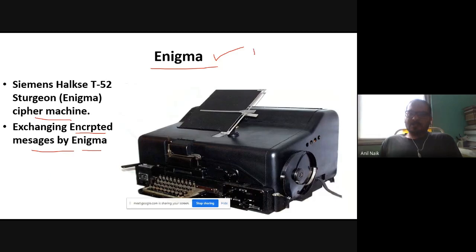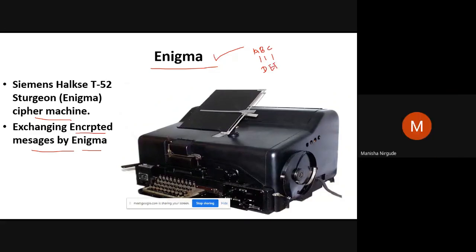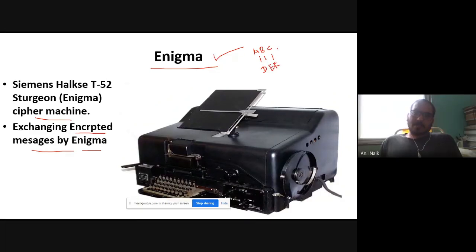Military people use such types of devices. The original message is converted by this device into some other format and then sent to the receiver side.